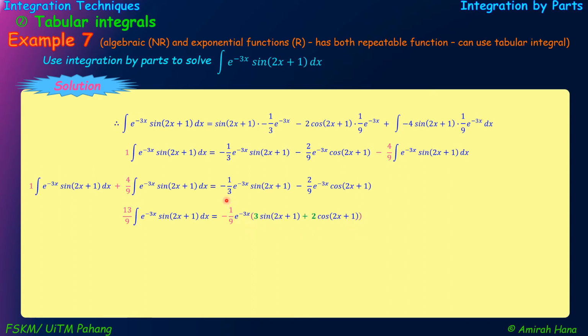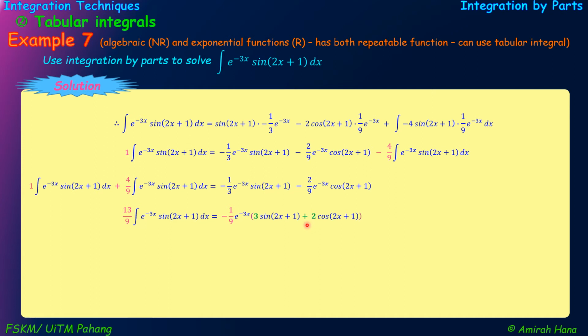Okay, and after that, to get back negative 1 over 3, we need to put constant 3 here, so that when we multiply negative 1 over 9 times 3, we get negative 3 over 9, which is equal to negative 1 over 3. Okay, and then sine 2x plus 1. After we move out the negative sign, we need to put positive here, so that when we multiply, we get back the negative sign.